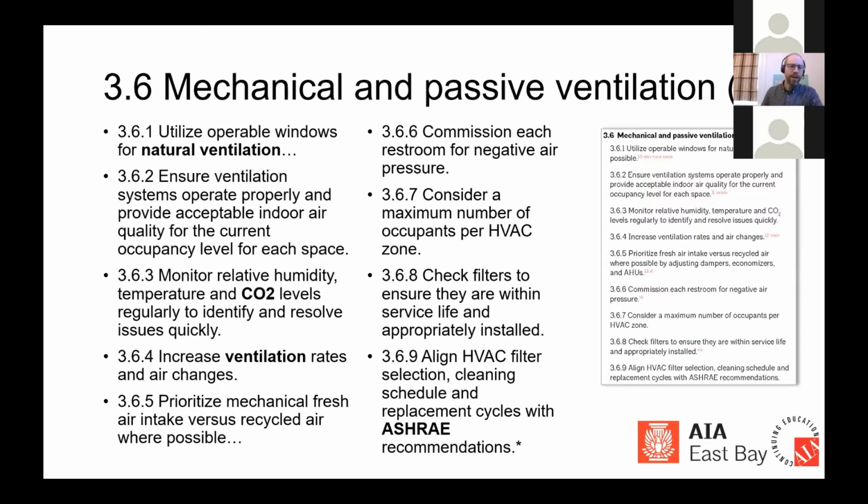What you'll find here is a lot about increasing natural ventilation where possible, increasing the air changes, and if there are operable windows, using those. But of course it's highly dependent on what the building is. The idea is that the more fresh air we have, the more the virus, if it is airborne, can be diluted.